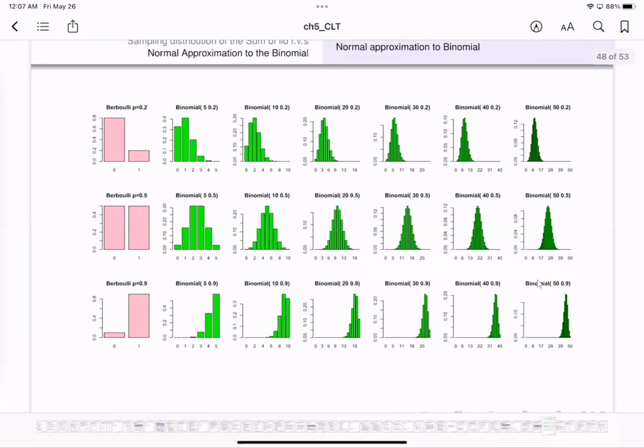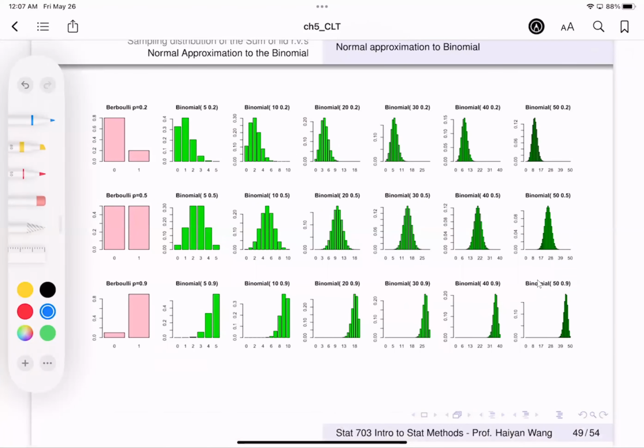So here's the example, here's the simulation. When p is 0.2, and we computed the sum of 5, the number of trials n is 5. Consider the 5 trials, and out of the 5 trials, how many of them give us success?